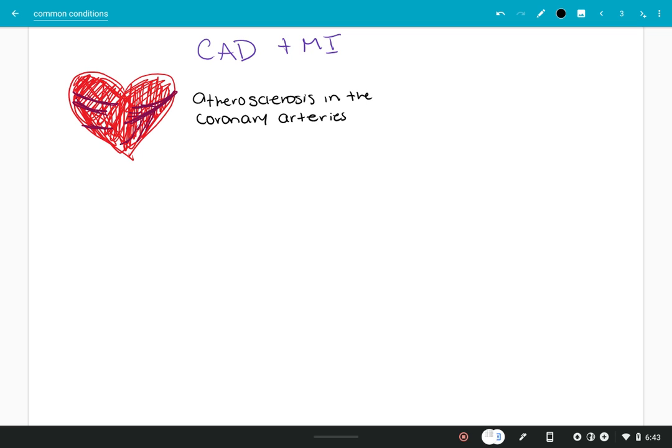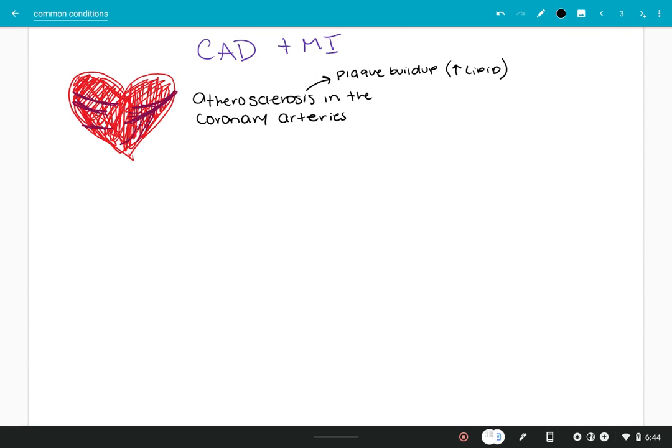Normally, when we think of this plaque buildup, we're thinking cholesterol. So you're going to see a high lipid panel on these people, like high cholesterol, high LDL cholesterol, which is the low density one. That's the bad one. Atherosclerosis of the coronary arteries.